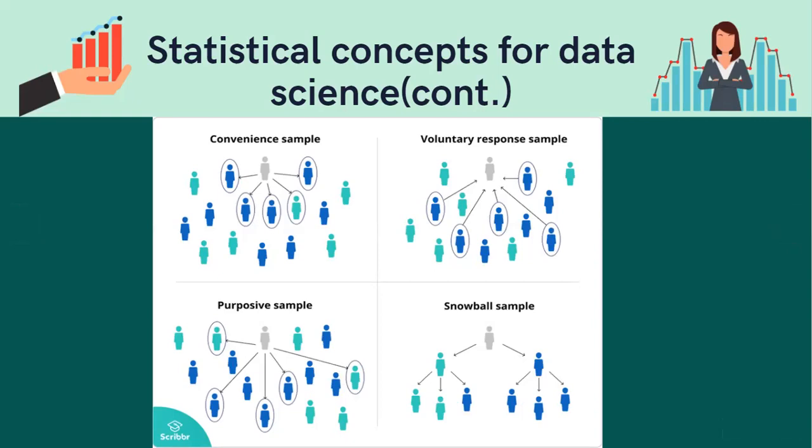If the data points are not readily available, you're going to make questions that are more easily answered by the people. And then the voluntary response sample. Just like with the COVID vaccine, people are volunteering themselves so that they can help society in order to get the vaccine earlier. So that you can also consider as a voluntary response sample.